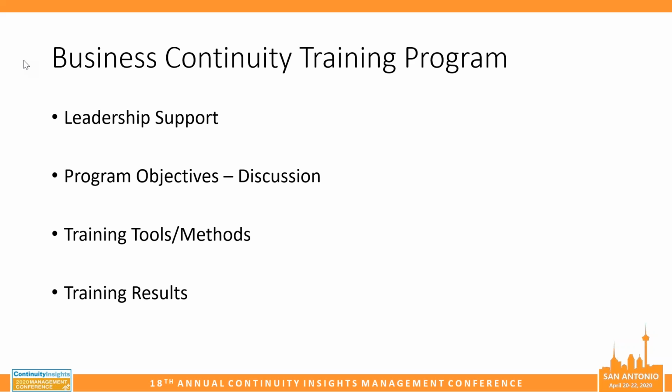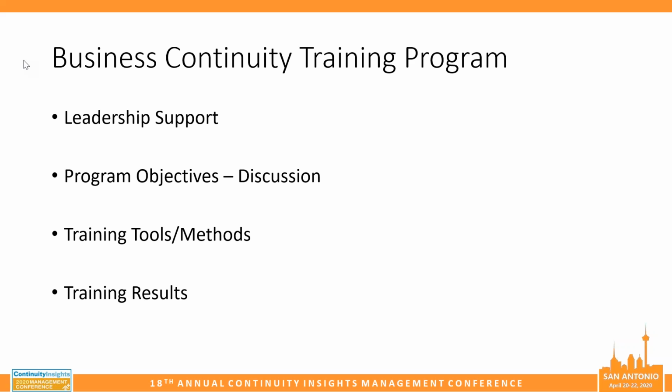Maybe you have an objective to ensure that all employees are trained on business continuity and disaster recovery policies and they know their role in a disaster. Again, another objective may be you want to ensure that the business continuity or disaster team are trained and also the backups are cross-trained.